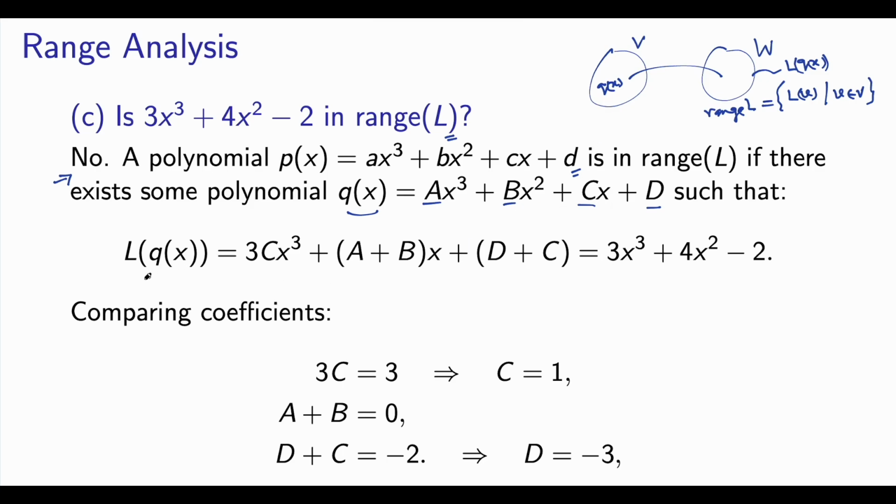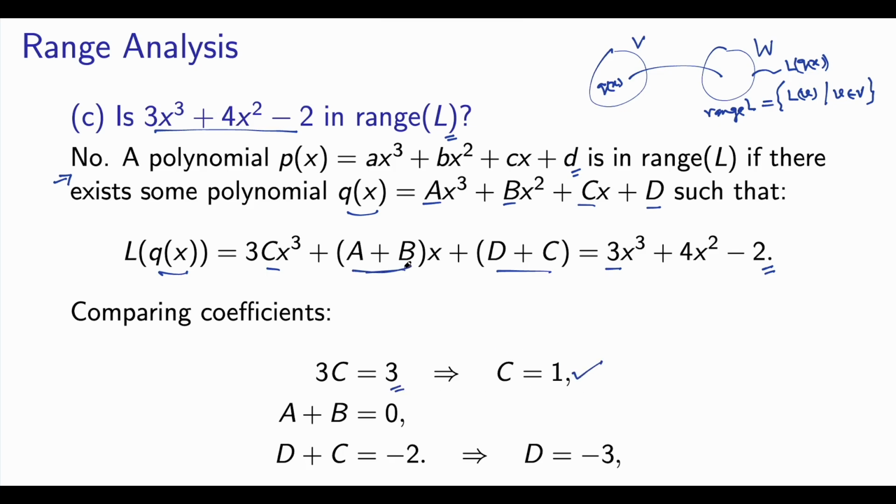So now L of q(x), again we use that same transformation. So I got these coefficients, and then you can compare the coefficients with the given polynomial. So here 3c equals 3, so it means c equals 1.